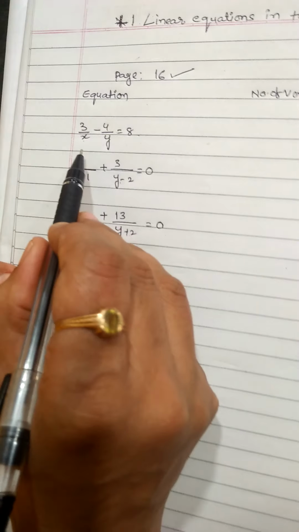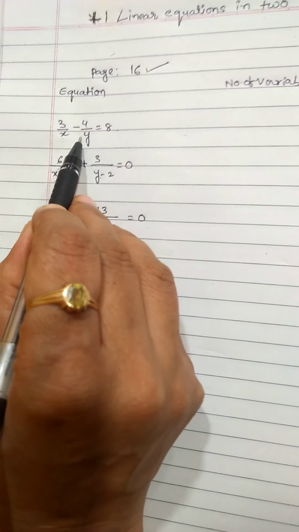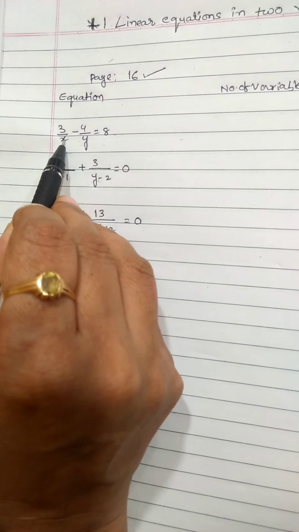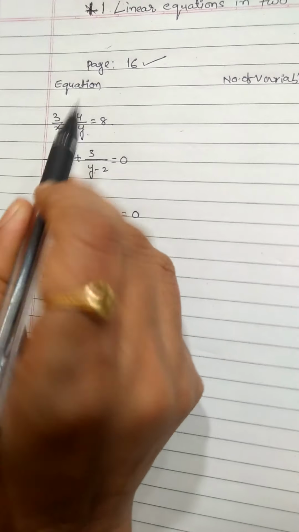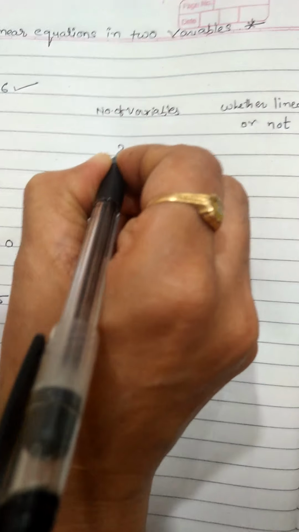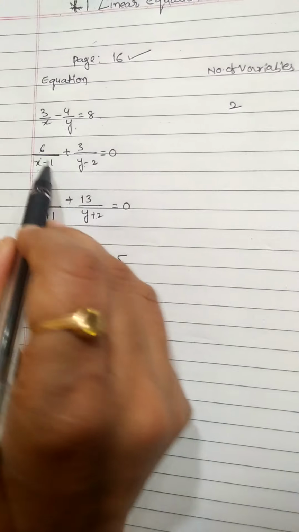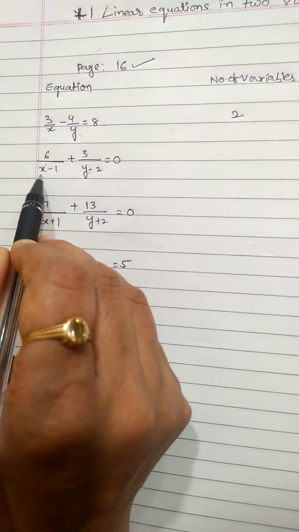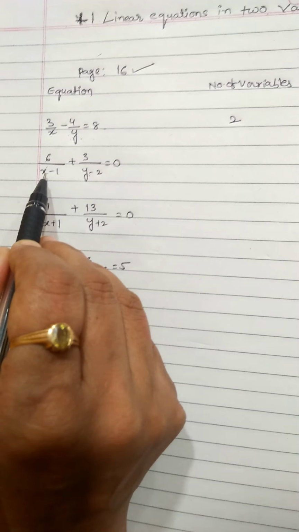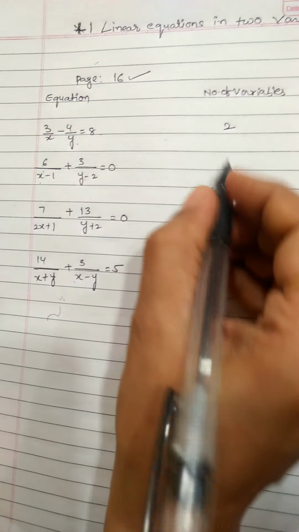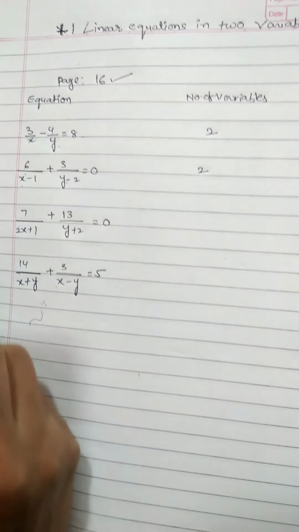Now what he is asking is the number of variables used in these equations. In the first equation, x is one variable and y is another variable, so two variables are used simultaneously. In the second equation also, the variables are x and y, so we write 2.